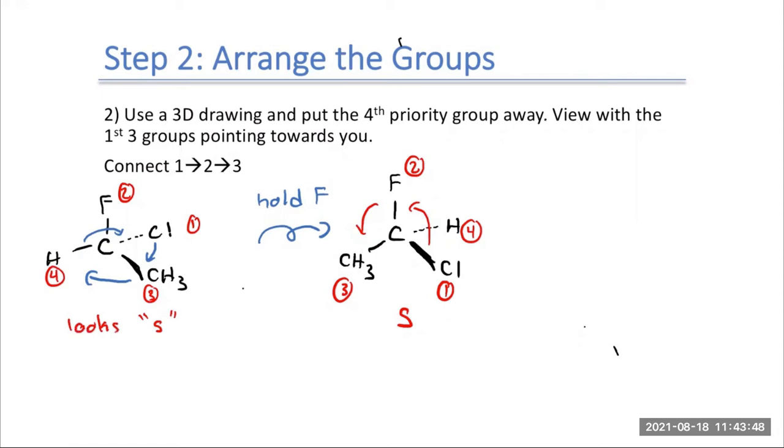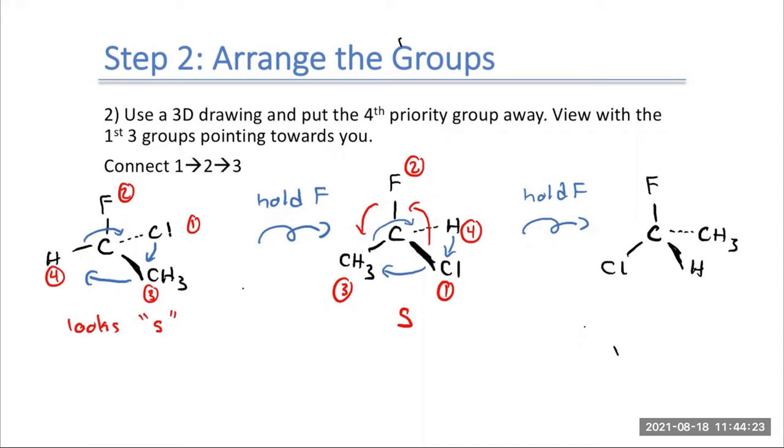So let's do that again. Let's hold the fluorine and do one more rotation. So we're going to rotate the chlorine over, the methyl group back, and the hydrogen in front. So again, you do another click. And when you do that, we have this configuration.